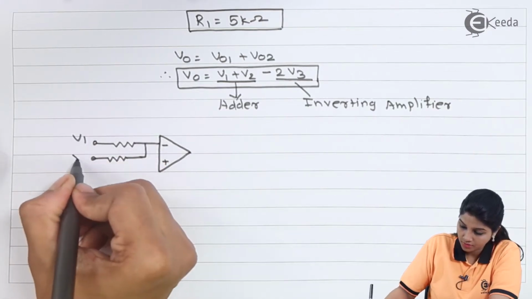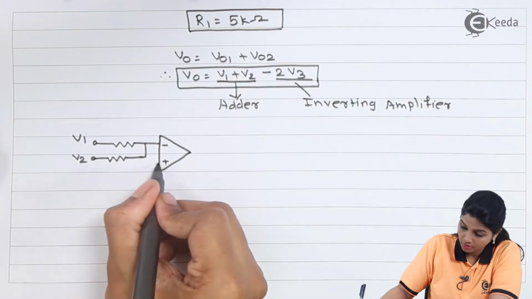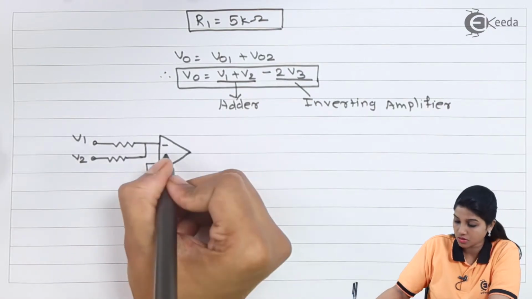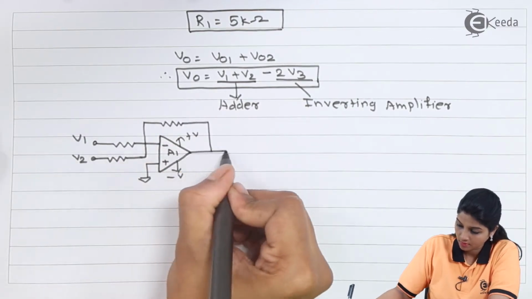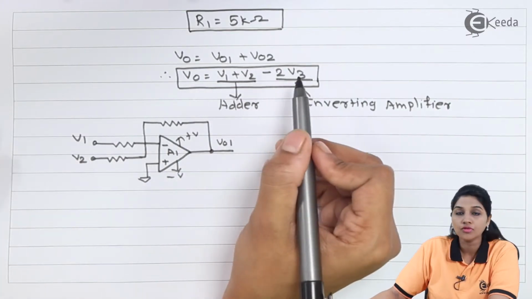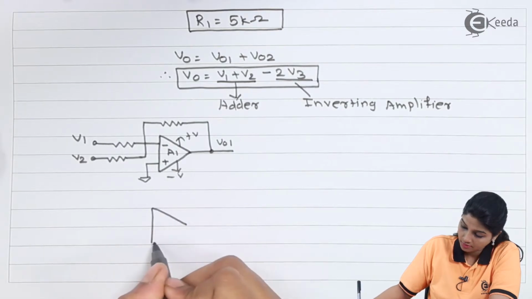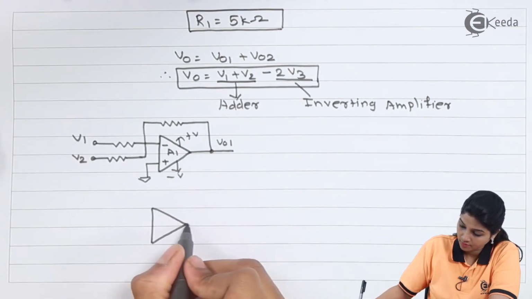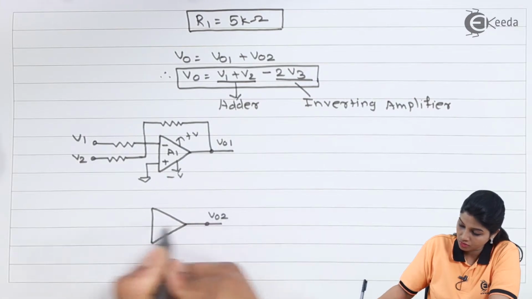The two inputs V1 and V2 are applied to the inverting terminal and the non-inverting terminal is connected to ground. So this is A1. Here we will get VO1. For the second we are using an inverting amplifier. So this is your output VO2.